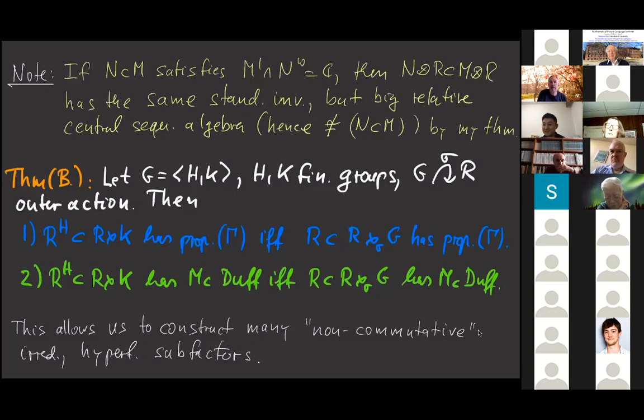Unfortunately, when you do infinite commuting squares with infinite graphs, as long as it fits into the usual framework of iterating the basic construction, you get the same result. You still get lots of central sequences. So somehow you need to add some randomness, as Sorin called it in his talk, to destroy the central sequences. But if I knew how to do it, I would have done it already.